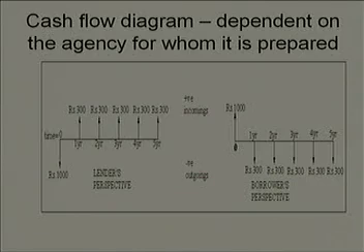That is why it is said that cash flow diagram is dependent on the agency. Agency in this case means lender and borrower, right. Or you can say stakeholder. So, cash flow diagram is dependent on the stakeholder for whom it is being prepared, right.